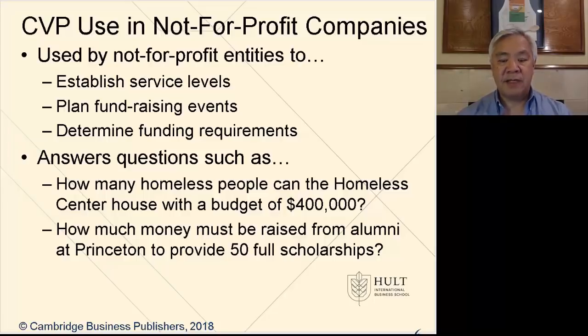And questions specifically might be for a homeless center house, how many people can be served by a budget of $400,000? So we have to know our cost and our staffing levels required to serve people in our community. And secondly, as an example, how much would we need to raise from alumni from Princeton to provide 50 full scholarships? That's an easier one, but it's nonetheless something that is done all the time in institution of higher ed.